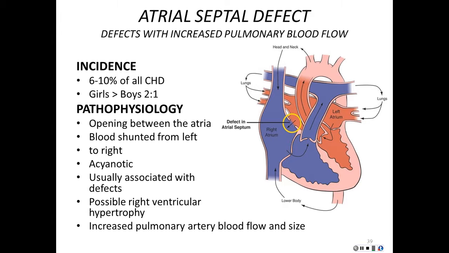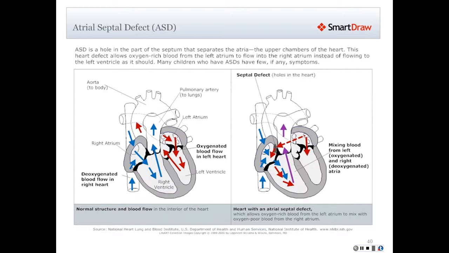It also causes increased pulmonary artery blood flow, because there's more fluid going into the right ventricle, more fluid is going out into the pulmonary arteries. So you see an increased pulmonary artery blood flow and size on these children.